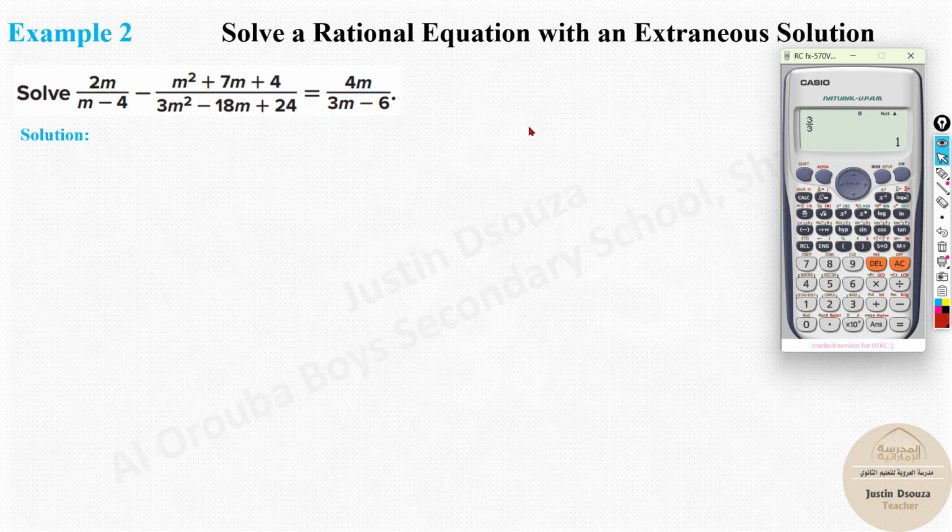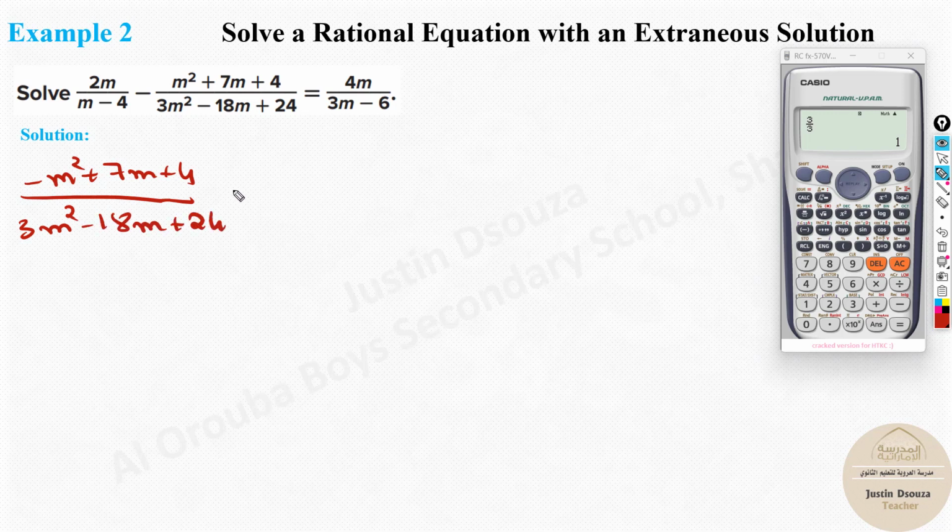Now I'll manually solve this. How you solve is very simple. What I told you: whichever has fewer denominators, these two, get them together as one and leave this over here. So minus m squared plus 7m plus 4 divided by 3m squared minus 18m plus 24 is equal to 4m divided by 3m minus 6 minus 2m over m minus 4.